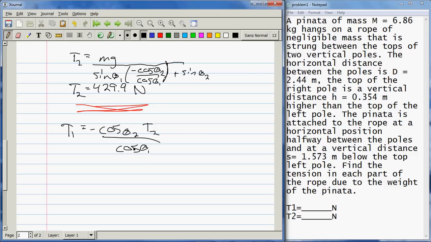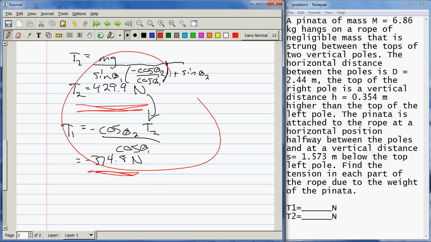Now you can also plug this into the calculator because you already solved for T2. And you get negative 374.8 newtons. So, here's our answer.